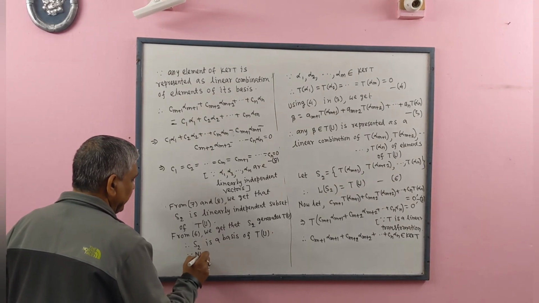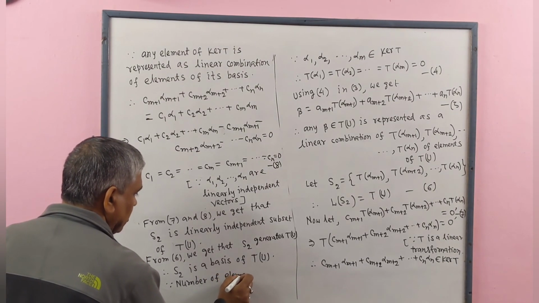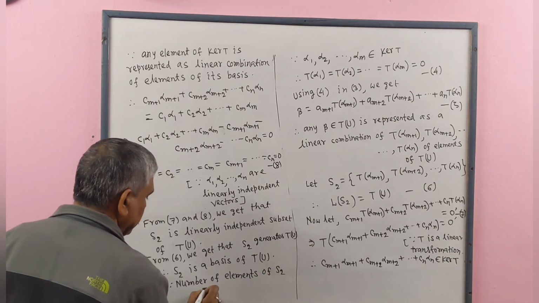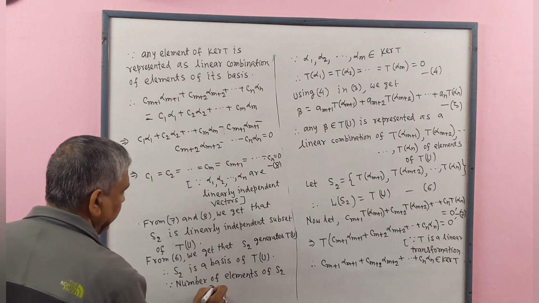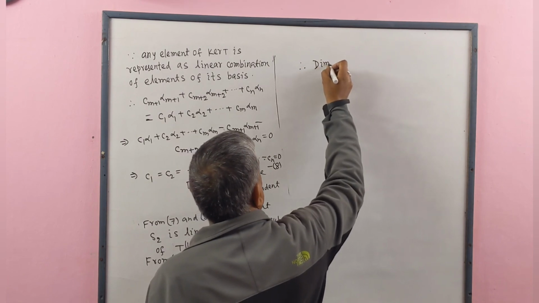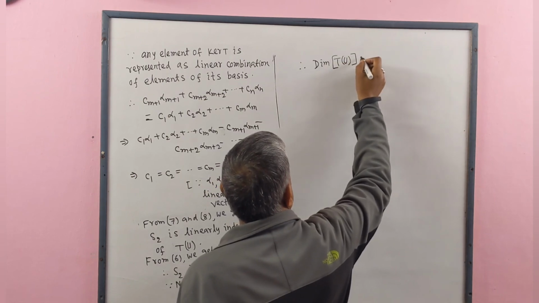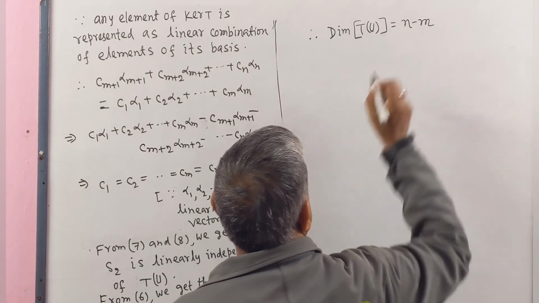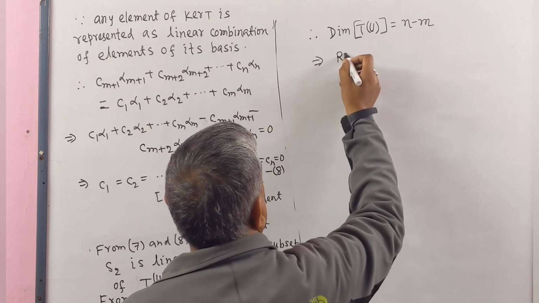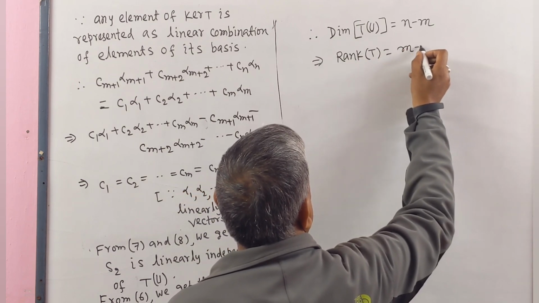Since the number of elements of S2 equals n minus m, therefore the dimension of T(U) equals n minus m, and the dimension of T(U) means rank T equals n minus m.